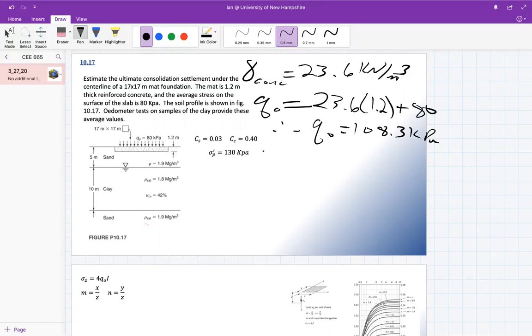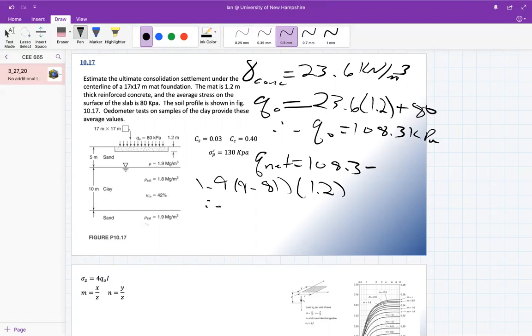But now we need to find the load being applied, that is the net load. So we're going to say Q net equals 108.3 minus 1.9 times 9.81, which I'm using because this is the soil layer around the foundation, times 1.2.